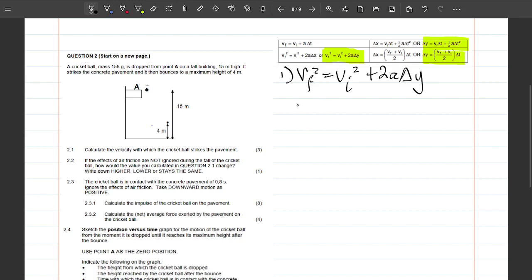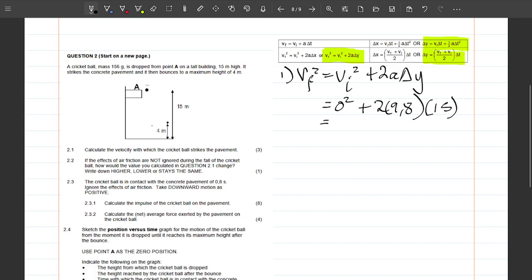I don't know, I'm trying to figure that out. However, my initial velocity is 0, it was firstly at rest before it was released. Plus 2, my gravitational acceleration is a constant 9.8, and then I've got 15 for my height.